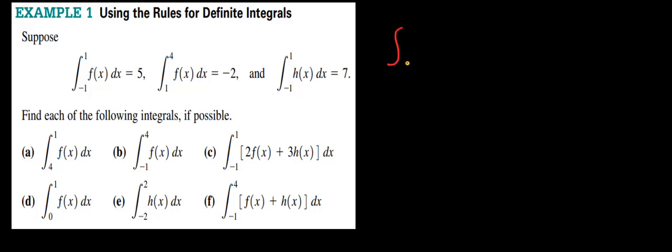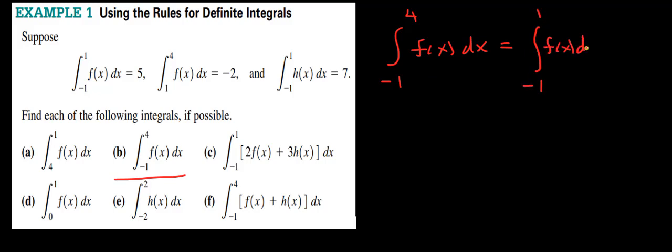What about the integral of f of x from -1 to 4? Well, from what's given, you know that you could break this down as the integral from -1 to 1 of f of x dx plus the integral from 1 to 4 of f of x dx.